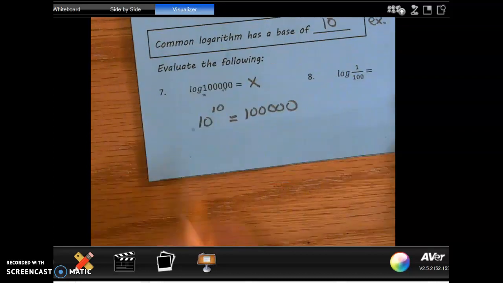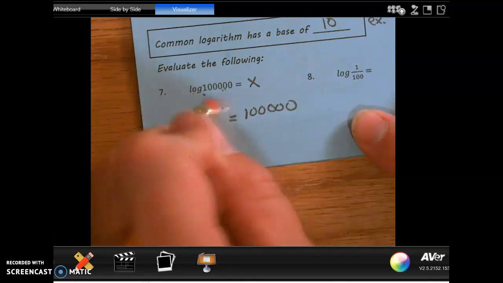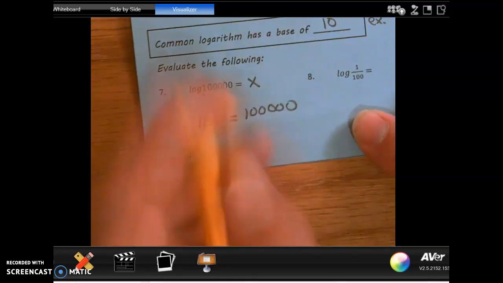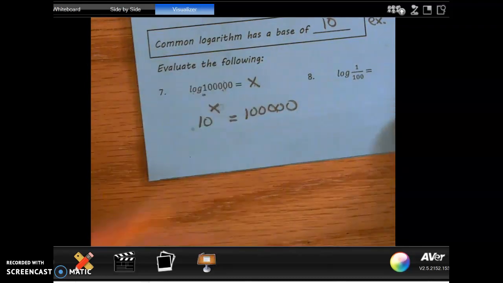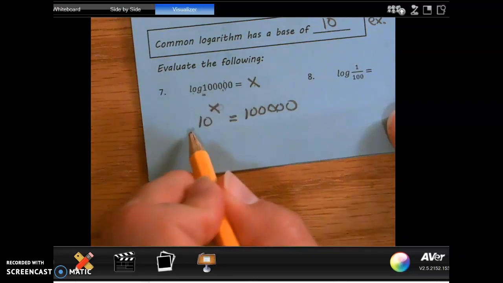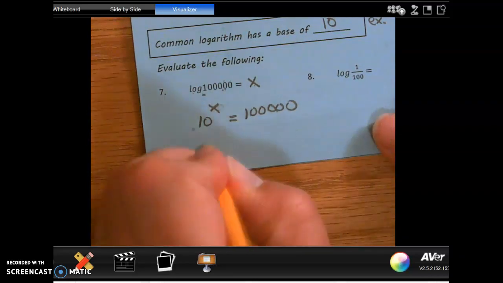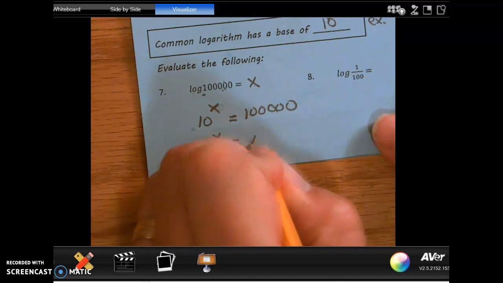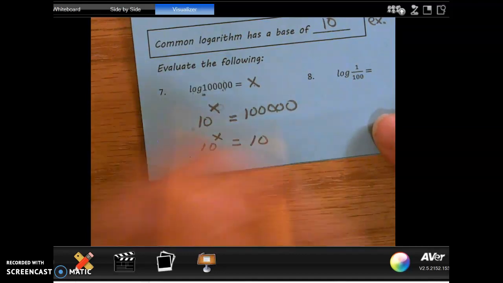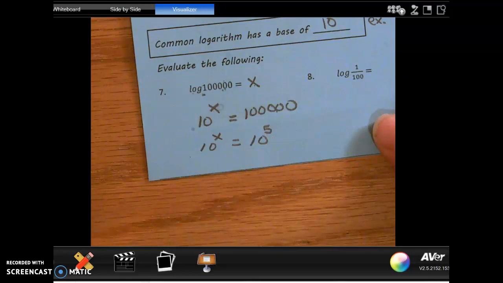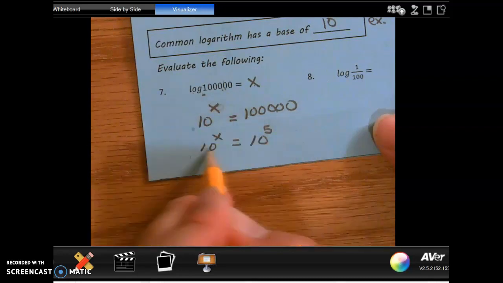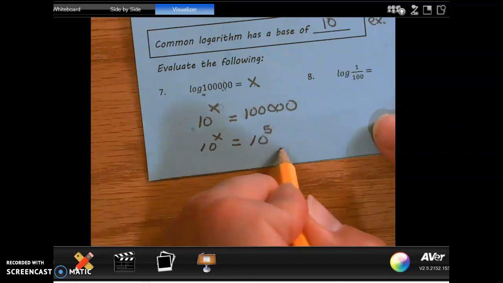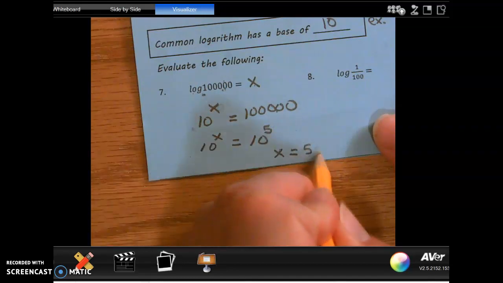Using our power table chart, we find that 10 to the 5th power is 100,000. Remember, when your bases are the same, then we can set the exponents equal to each other. x equals 5.